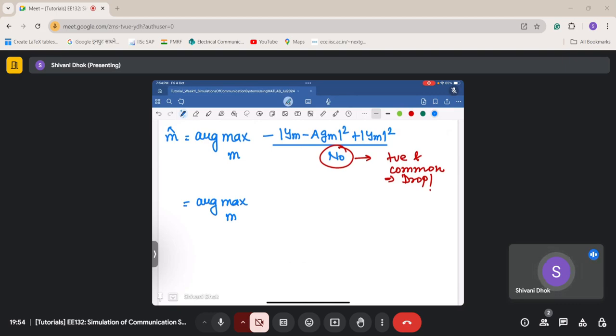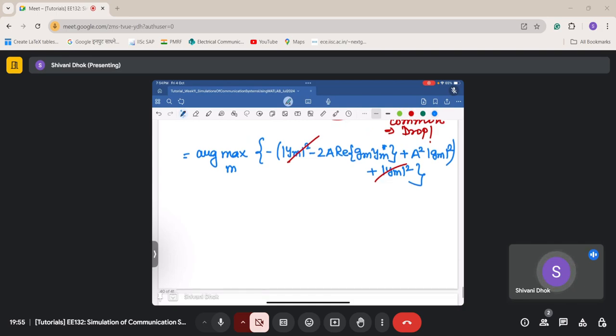We can simplify this further. So we will get minus |ym|^2 minus 2a real part of gm ym conjugate plus a^2 |gm|^2, plus |ym|^2. So this gets cancelled.